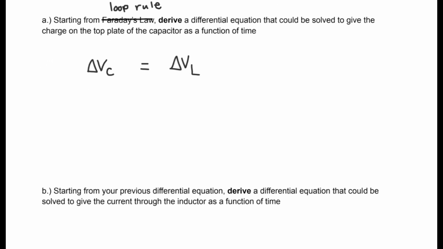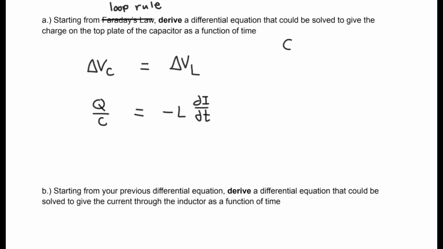The delta V across a capacitor is Q over C, and the delta V across an inductor is negative L di dt. And that negative is accounting for Lenz's law. And this actually isn't where we'll stop because I can't totally see how Q and di dt are related.